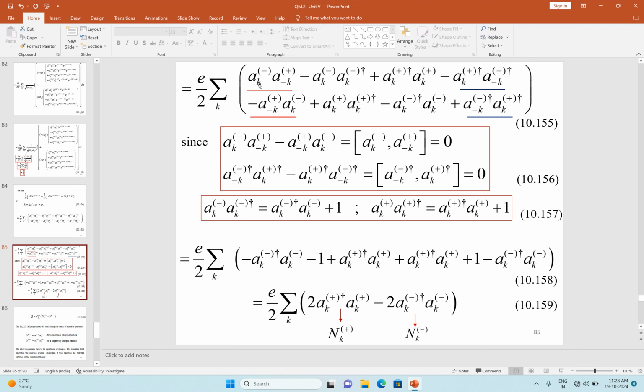So the first two terms, they will get cancelled. They will become 0. The first term in this equation and the first term of this equation, they will get cancelled.